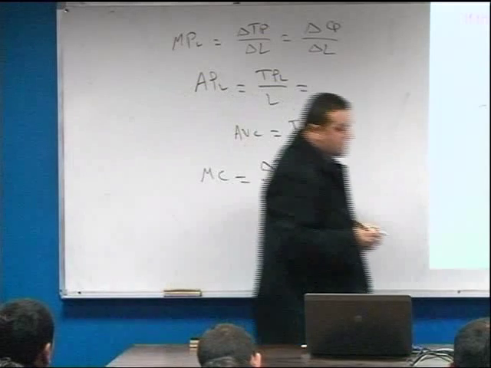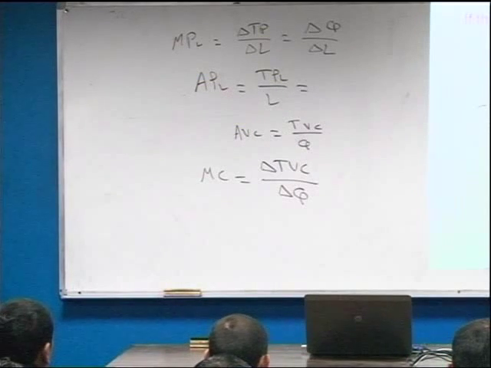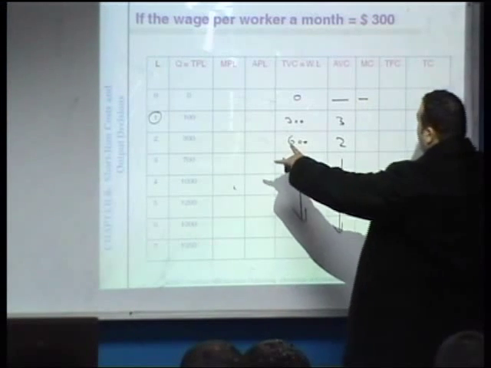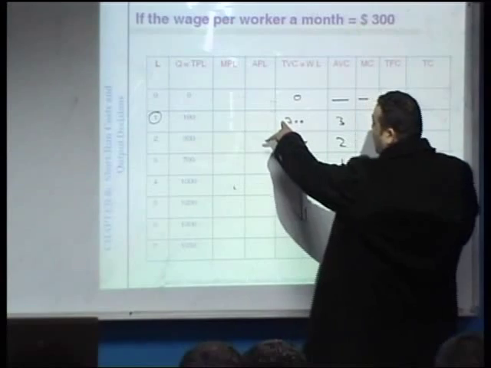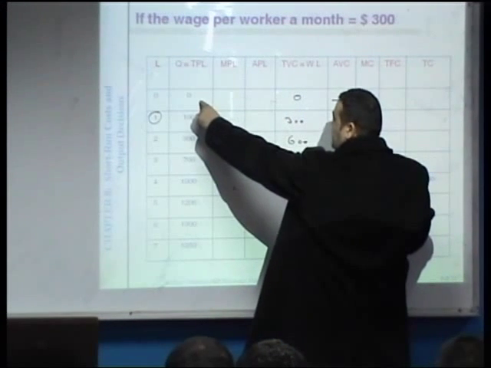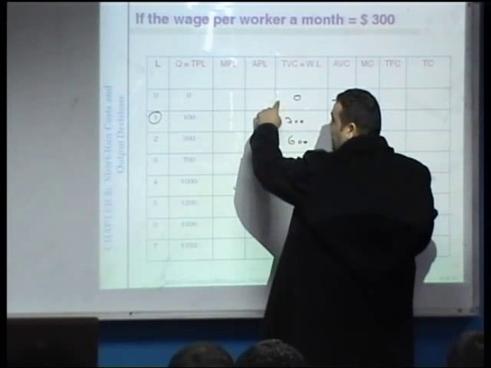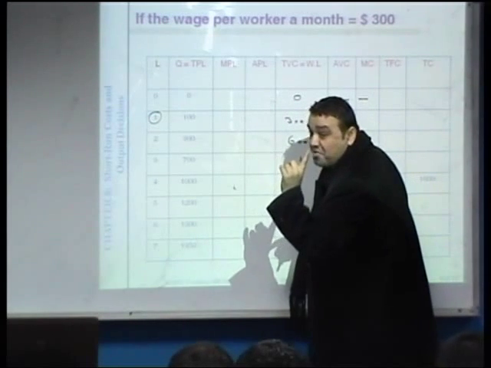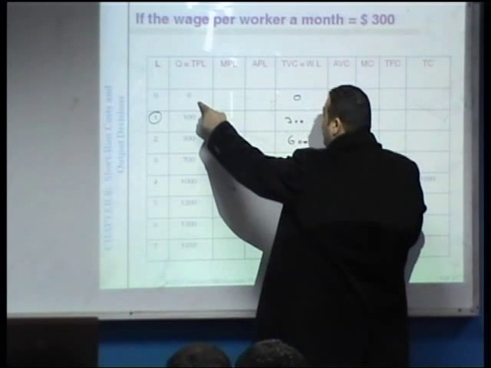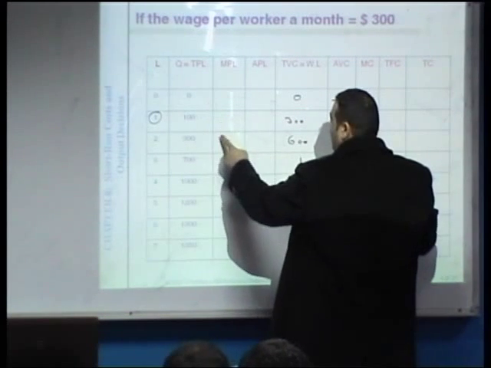In the first case, when the quantity equals 0, there is no change. But then delta TVC, 300 minus 0 over 100 minus 0. How much? 3, yes. 300 minus 0 over 100 minus 0, so 3.